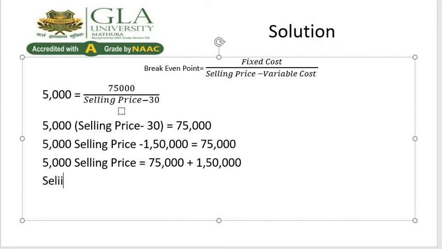Now selling price equals 2,25,000 divided by 5,000.